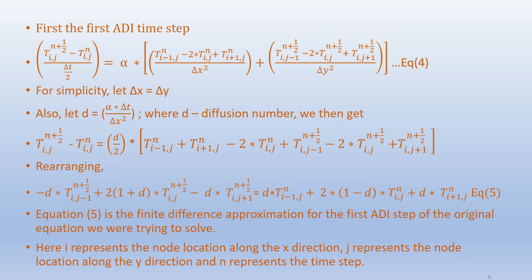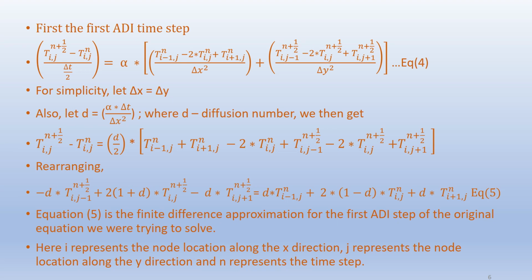For the first ADI step, we have T(i,j) at n plus half minus T(i,j) at n, over delta t by 2, equals alpha times [T(i-1,j) at n minus 2 times T(i,j) at n plus T(i+1,j) at n] over delta x square plus [T(i,j-1) at n plus half minus 2 times T(i,j) at n plus half plus T(i,j+1) at n plus half] over delta y square.